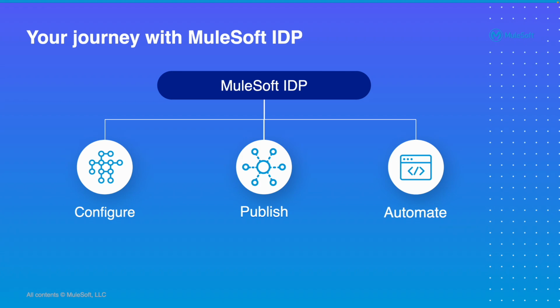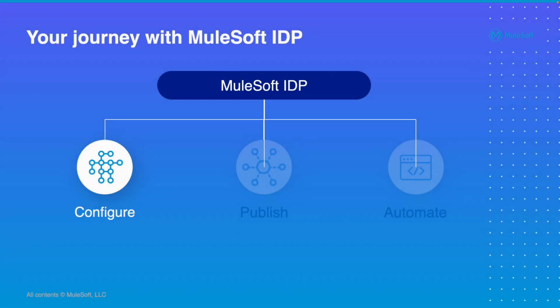The first thing we do is configure it. Once the configuration is done, we will publish it, and once it is published, it is ready to use for our automation purposes. So let's go step by step. As I said, this is more of a theoretical session, part 1, and then we will come up with the hands-on part. Okay, so let's start with configuration.